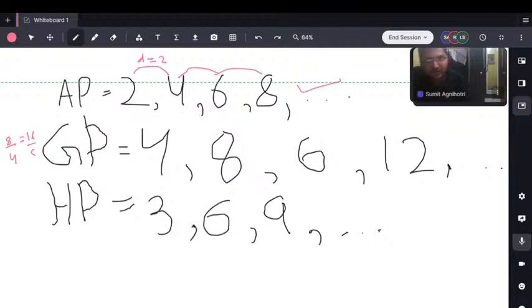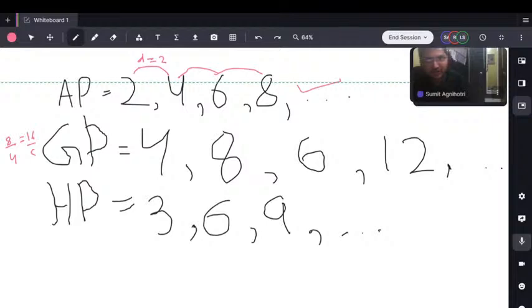That means the second term must be equal to the first term plus D. If we consider the first term to be A, our second term is first term plus common difference. Similarly, A3 minus A2 is again D, so our third term is second term plus D. If we put the value of the second term, A plus D, it will be A plus D plus D, that is A plus 2D.